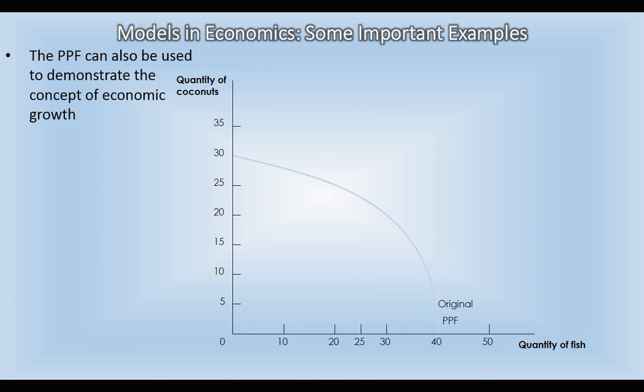All right, so the PPF can also be used to demonstrate the concept of economic growth. We talked about economic growth last time, the increased capacity of the economy to produce and how that has changed our lives dramatically over the last 100 years. I talked about how people 100 years ago didn't have toilets, didn't have electricity, didn't have everything that we have today.